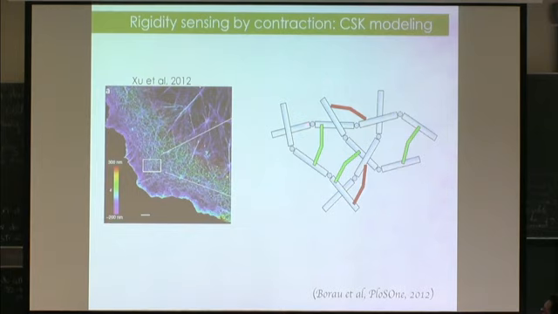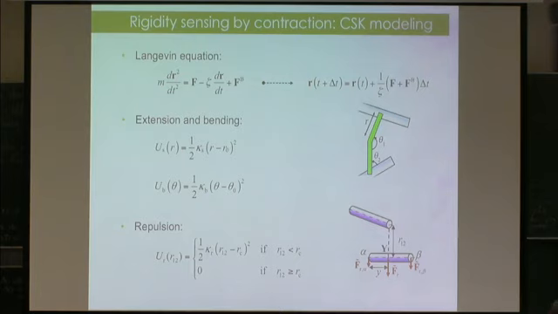Later I'm going to describe the model briefly. We use the Langevin equation, neglecting inertial terms, and we incorporate extension and bending potentials and a repulsion potential when two segments are very close.